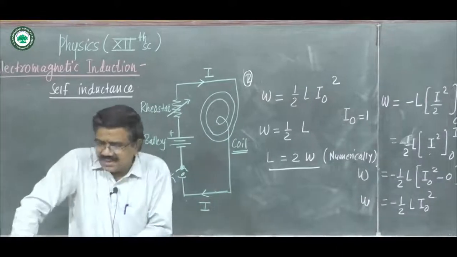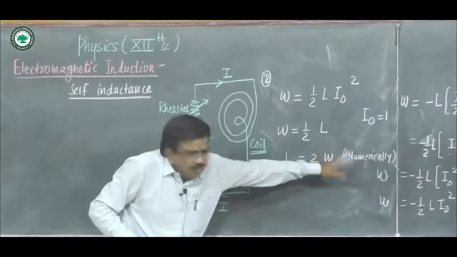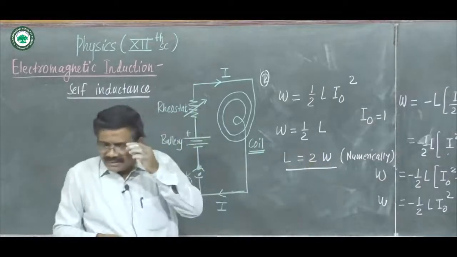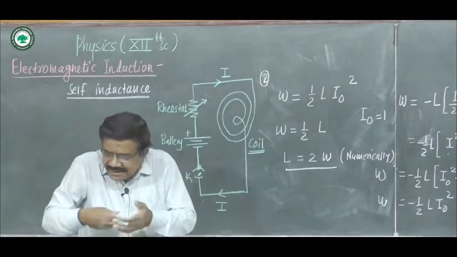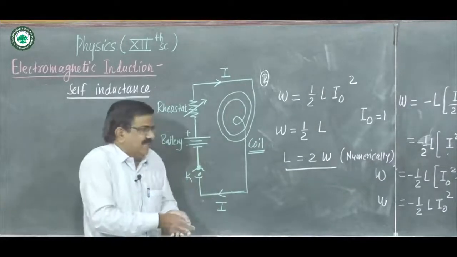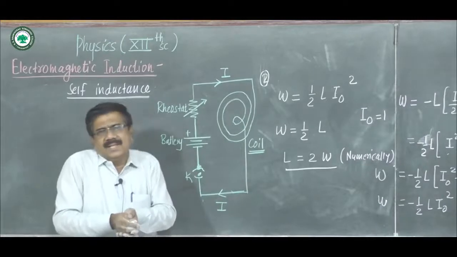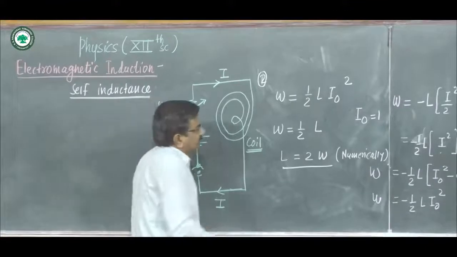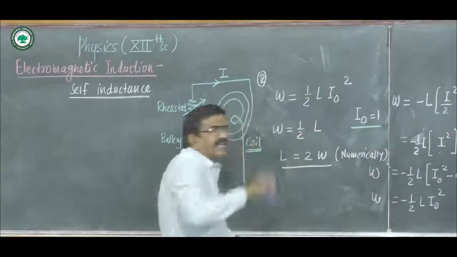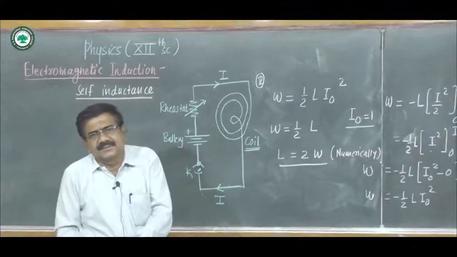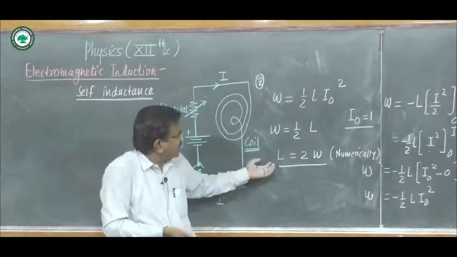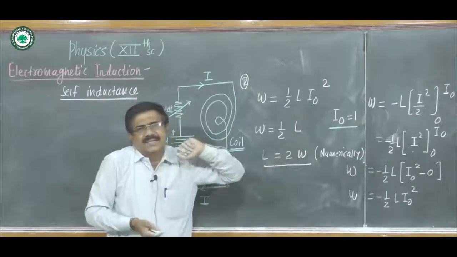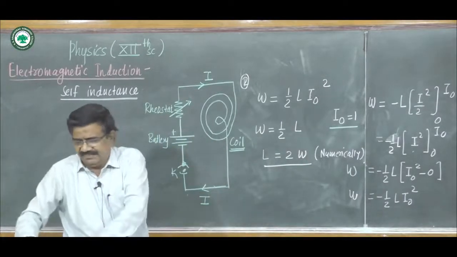Self inductance of the circuit is numerically equal to twice the work done in establishing the magnetic flux associated with unit current in the circuit, that is, when I0 is equal to 1.